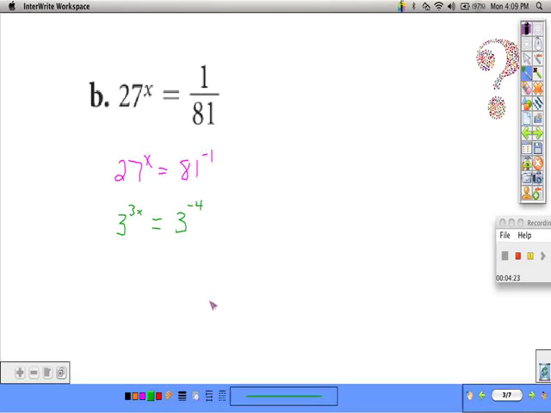Now we have two powers that are equal, same bases, so we take the exponents and equate them. X is equal to negative 4/3. The negative would flip the left-hand side into a fraction, and then 27 to the 4/3 should give us 81.